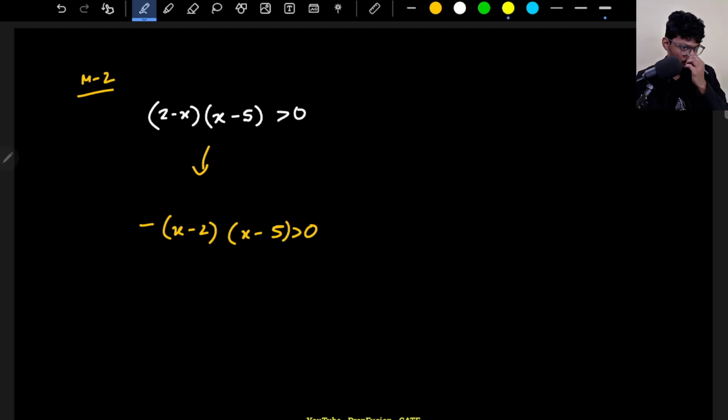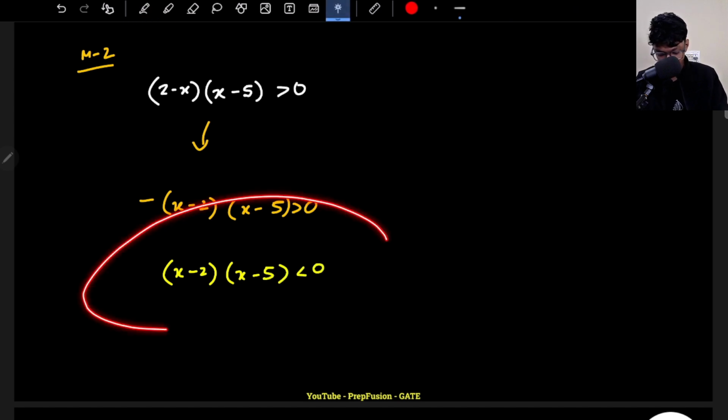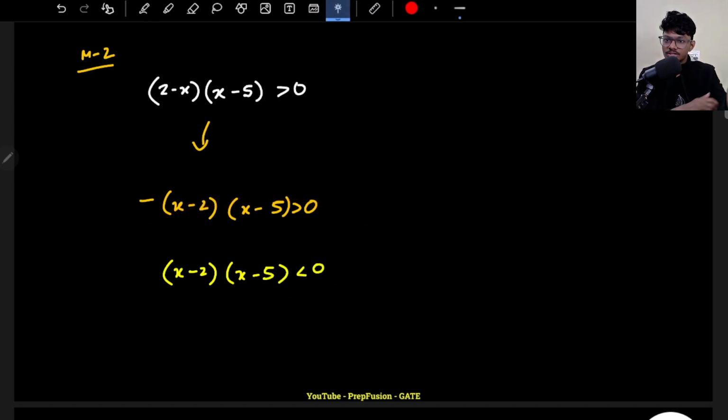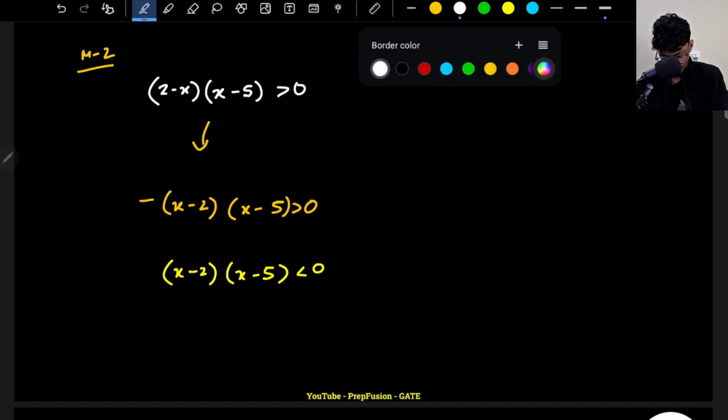If I multiply minus 1 on both sides, what will happen? The sign of inequality will change. Why? I have explained at the start of the lecture. So this will be x minus 2 into x minus 5 less than 0. The sign of inequality changes, and now it becomes very, very simple.